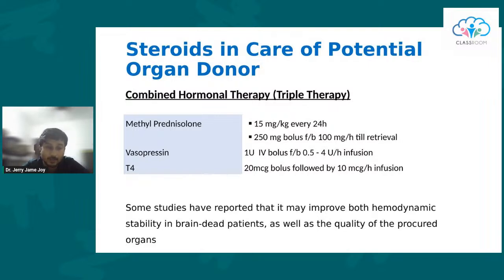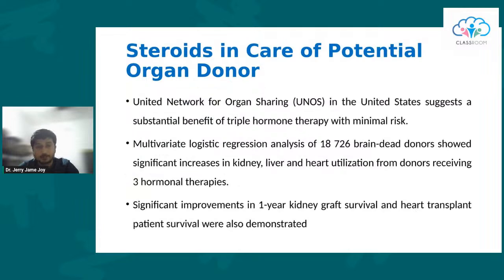So here methylprednisolone is used along with vasopressin, 1 unit IV bolus followed by 0.5 to 4 units per hour infusion, along with T4, 20 microgram bolus followed by 10 microgram per hour infusion. Some studies have reported it may improve both hemodynamic stability in brain dead patients as well as the quality of the procured organs.